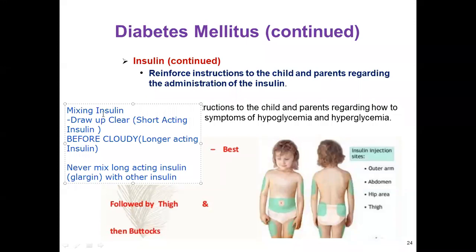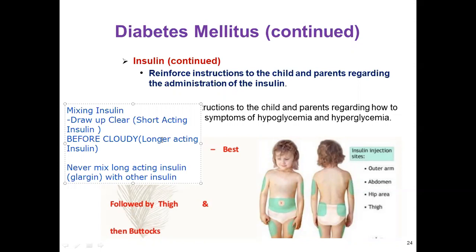So during the insulin administration, we could educate our patient or parents. Tell them about mixing the insulin: better draw up the clear or short-acting insulin before cloudy or long-acting insulin.